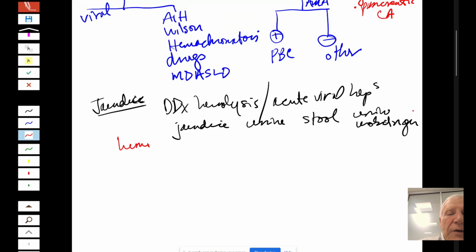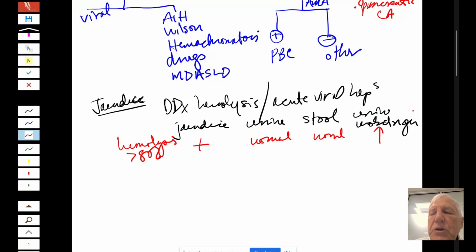So if you have hemolysis, and this is now greater than 80% unconjugated, it doesn't matter. Bilirubin's bilirubin, you're still jaundiced. But what you're going to notice is urine is normal, stool is normal, but you're going to see an increase in urine urobilinogen. What would we see in acute viral hepatitis?